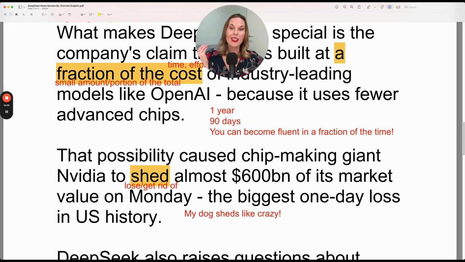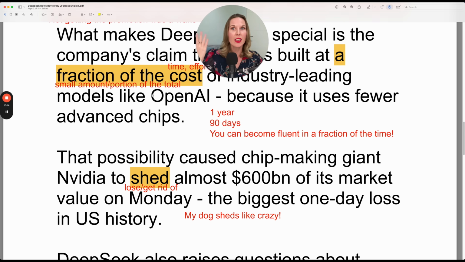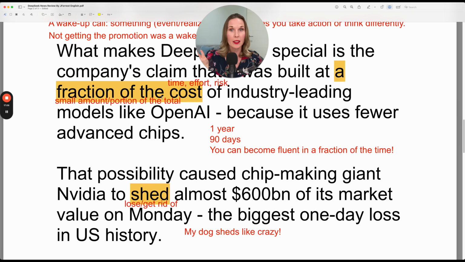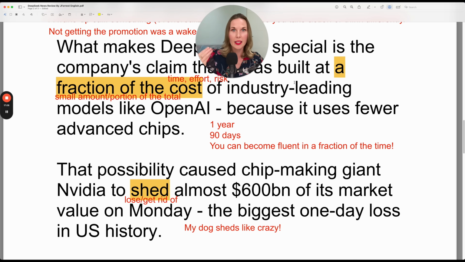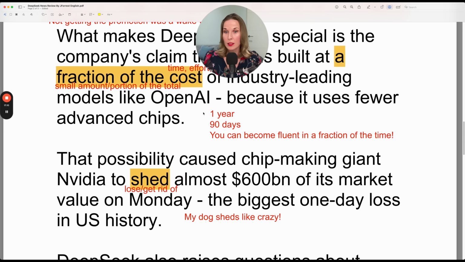In this context, the verb shed means to lose. So this company, NVIDIA, lost almost $600 billion of its market value on Monday in 1 day because of the fact that DeepSeek can make its app at a fraction of the cost.